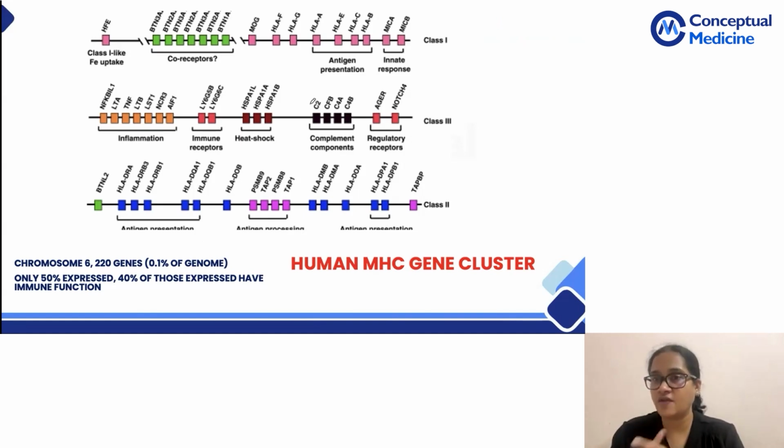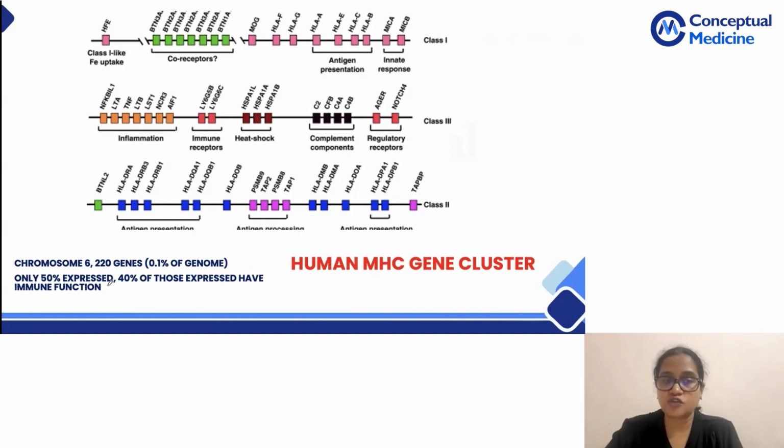It is very, very difficult to have an identical match in the MHC part if you're not an identical twin. So my genes, I would share only 50% with my daughter or with either of my parents. But my parents would have shared it from their parents, and it's a combination of two parents, right? So there is so much variability in this region.